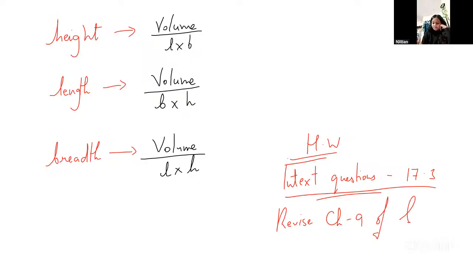Yes, miss. Revise chapter 9 of science. And homework is in text question 17.3. Tomorrow I will do this chapter questions only with you. More questions. I'll give you to try. Then we'll work it out. That's all, ma'am, for today.